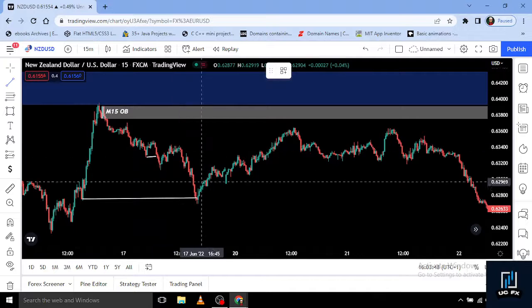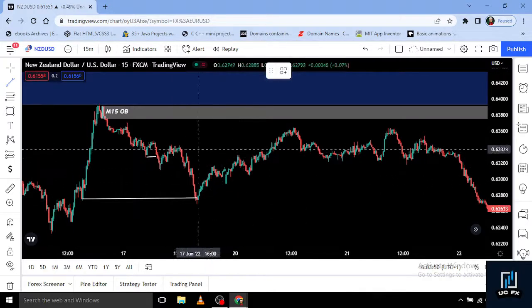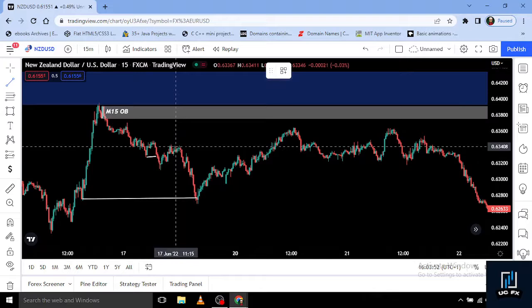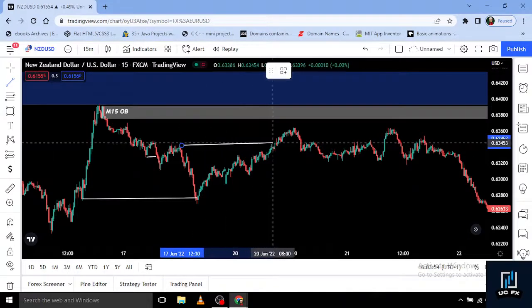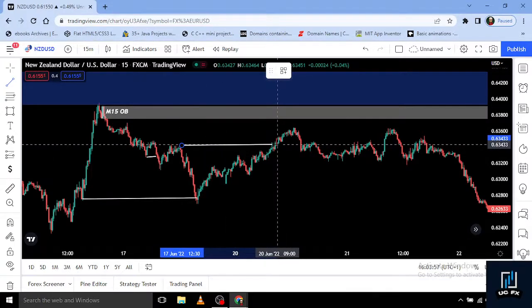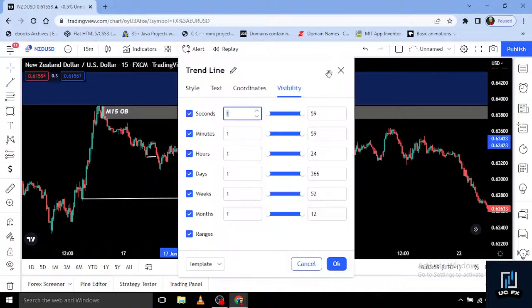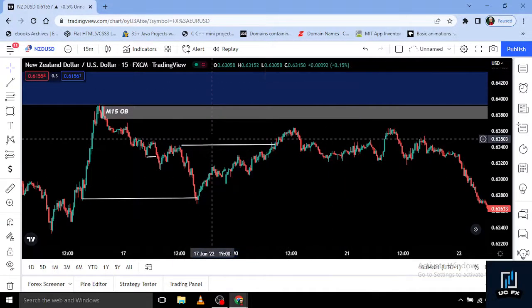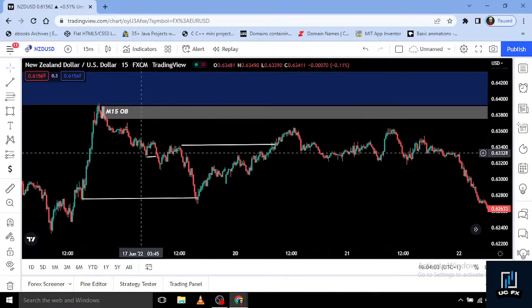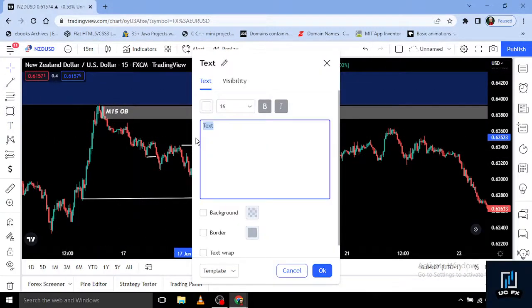Some traders actually started taking shots, maybe somewhere here or here, and it got taken out. So we have liquidity here. Here is our liquidity. So you will mark that out as liquidity.